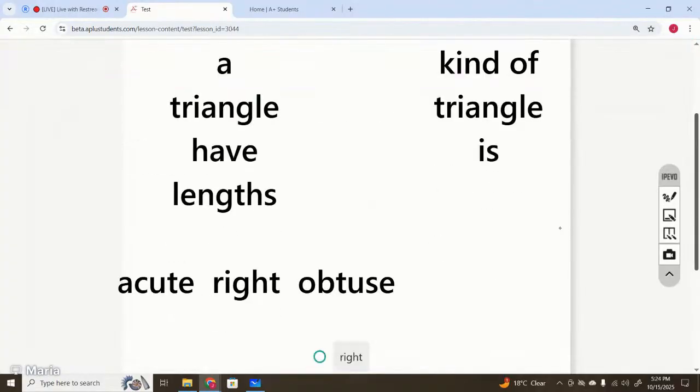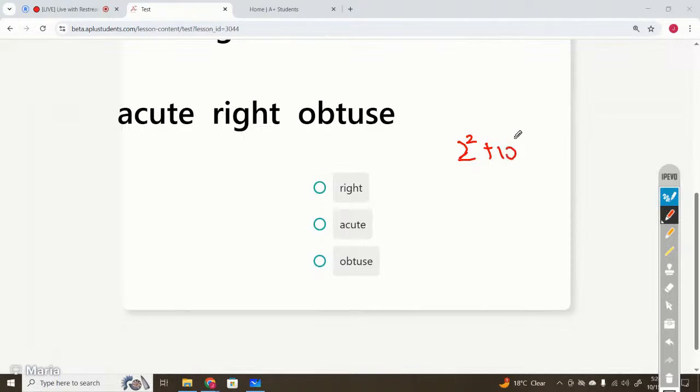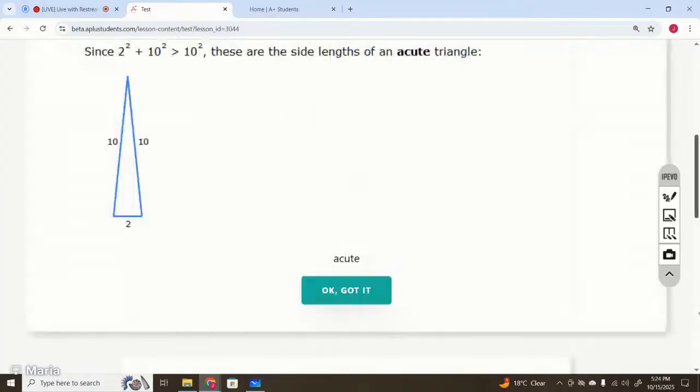Both sides are exactly equal, so that is a right triangle. Now for another example, 4 squared plus... equals 100. 104 is greater than 100. That is an obtuse triangle. But acute triangle, I think it is.